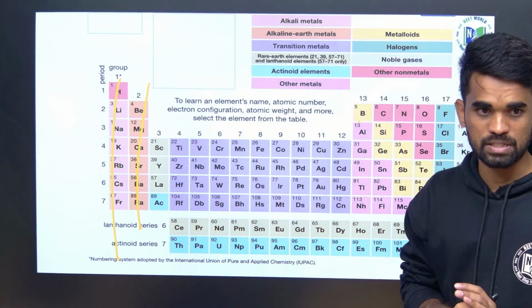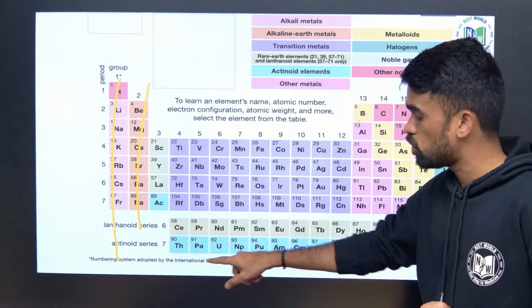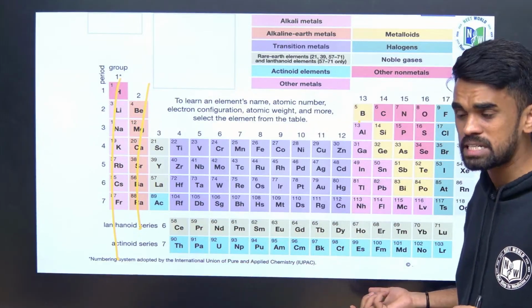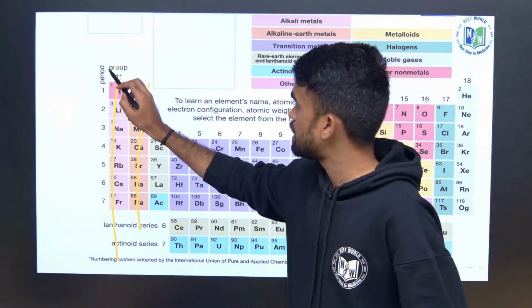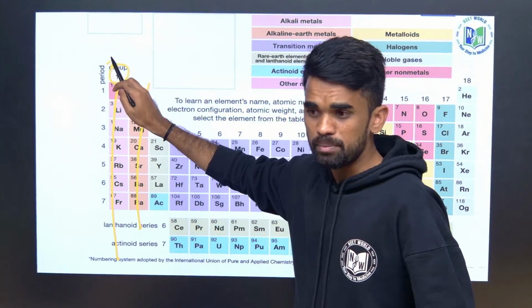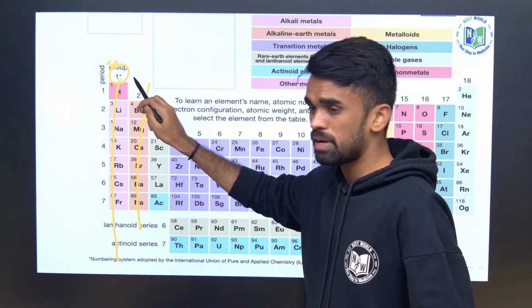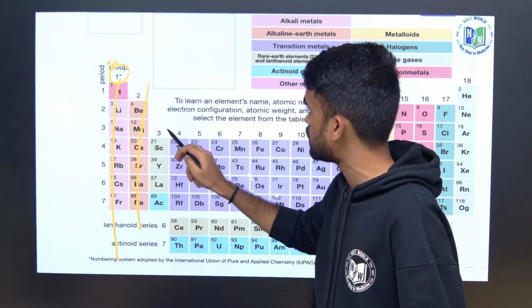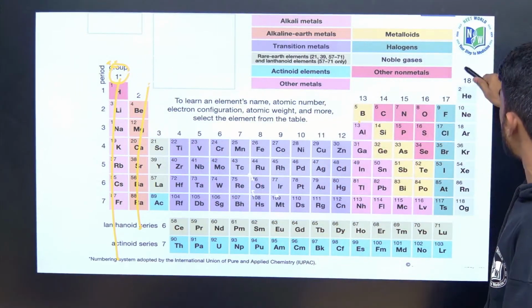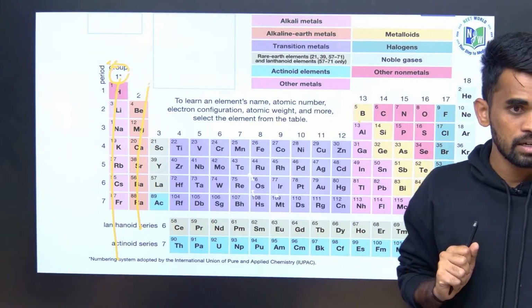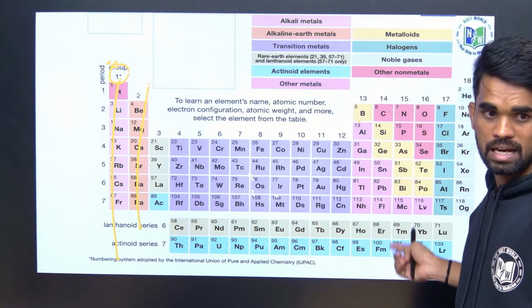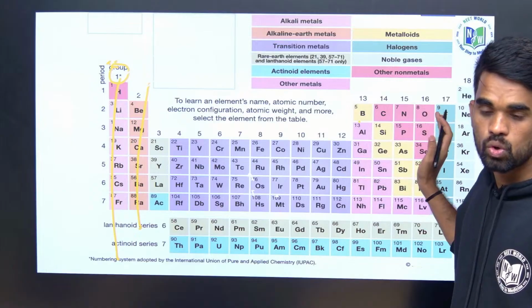But in IUPAC nomenclature, IUPAC standards, they said to start the numbering from here and directly give numbers without any exceptions, like 1, 2, 3, 4, 5, 6. So we have up to 18 vertical columns, which we call groups.